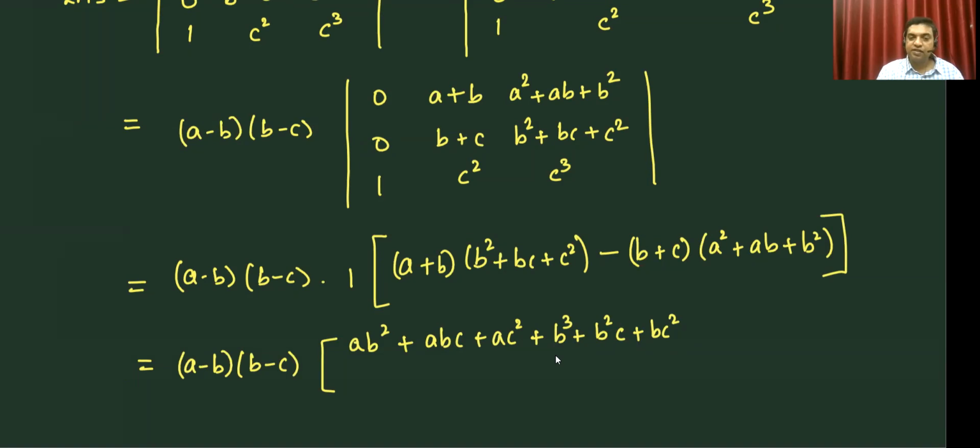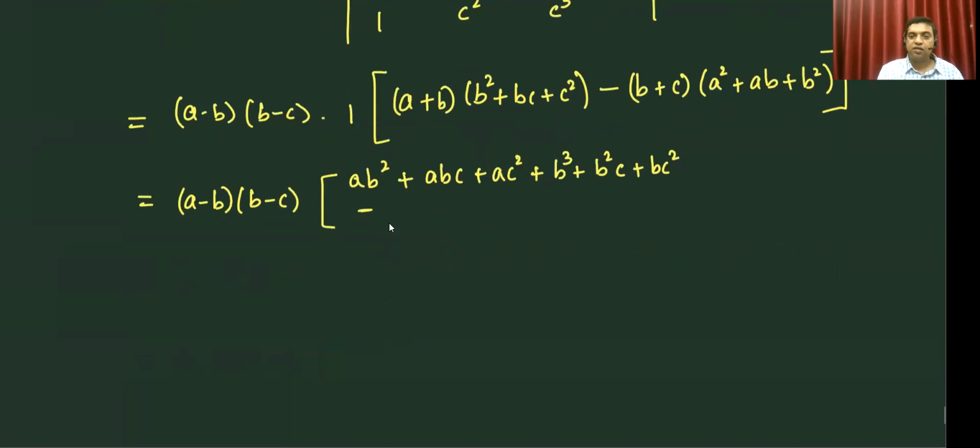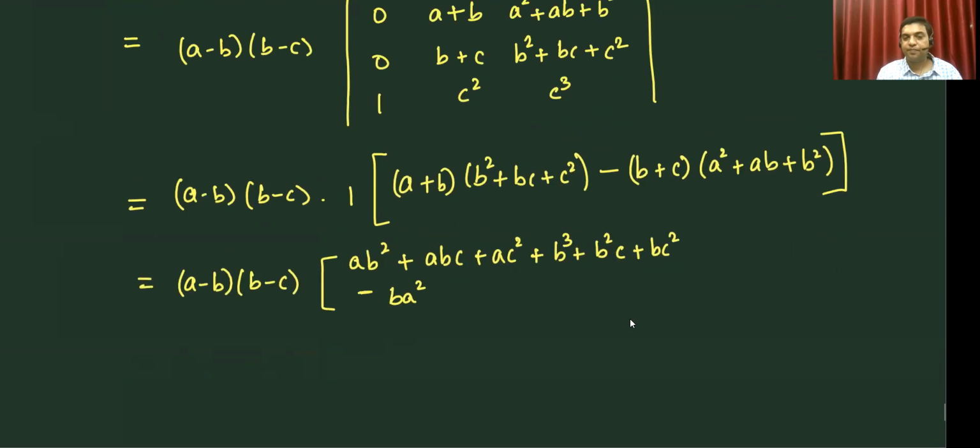All right, minus of, all terms will be minus: b a square, then minus ab square, minus b cube, minus ca square, minus abc, minus cb square.